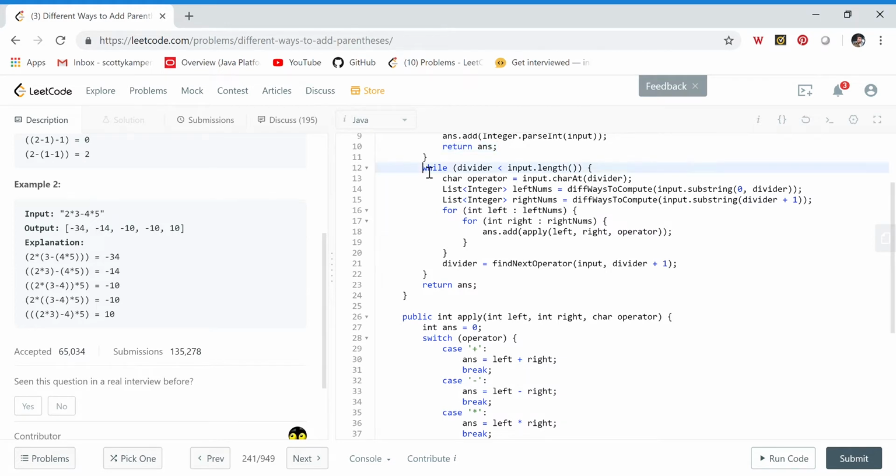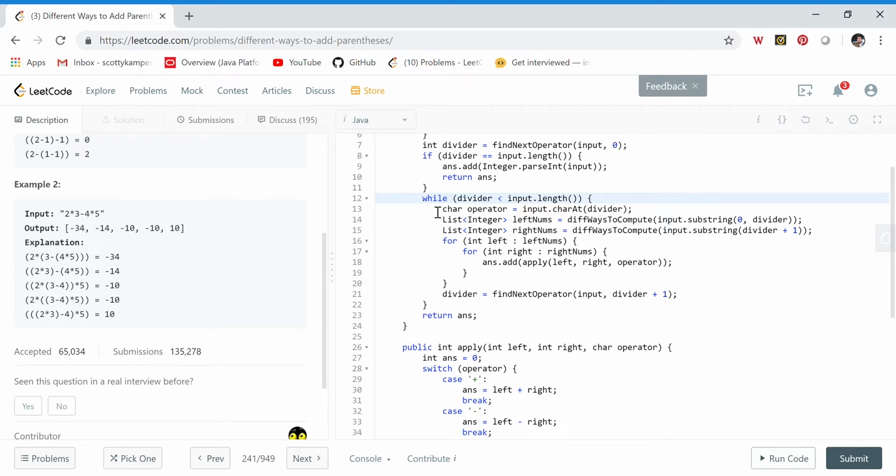If we get down here, we have a non-empty string, and we found an operator in it. So we pull that operator out, and this is where the divide and conquer comes in. Left nums and right nums are the solutions for recursively solving the substring to the left of the operator that we pulled out, and the ways to solve the substring to the right of the operator that we pulled out.